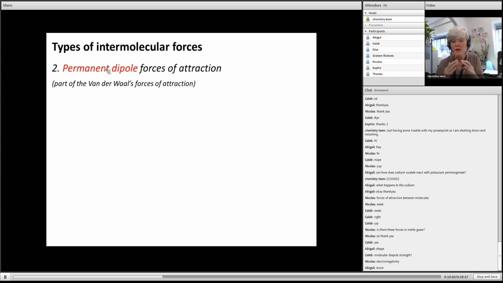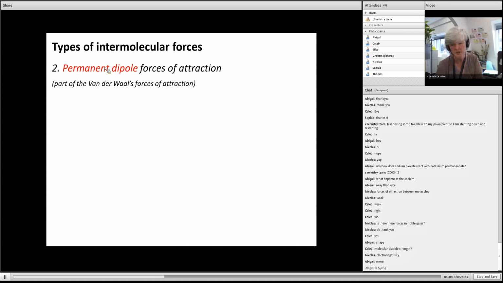More. So if it's more electronegative, what can you tell me about the molecular dipole in H2O compared to H2S? It'll be bigger, and therefore if the molecular dipole is bigger, you're going to have a stronger permanent force of attraction. So you will need to know your periodic trends.